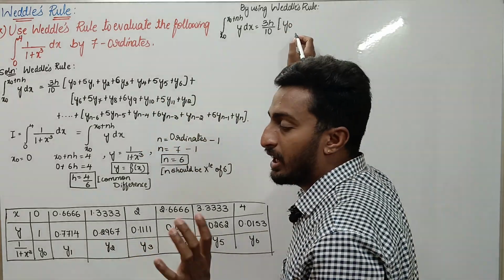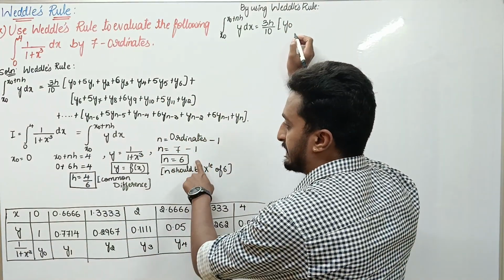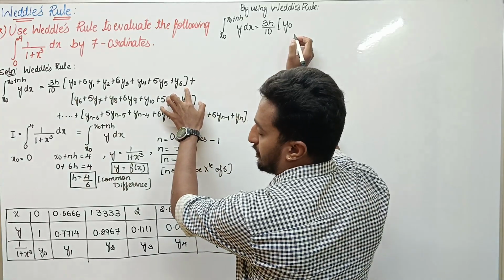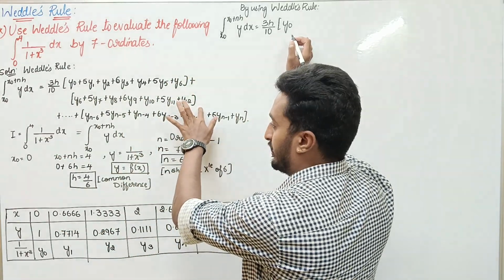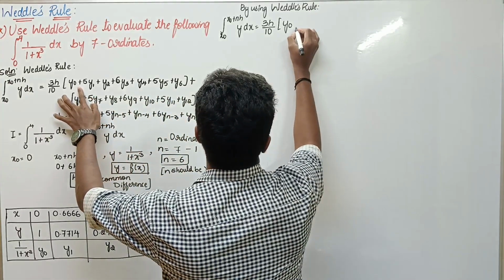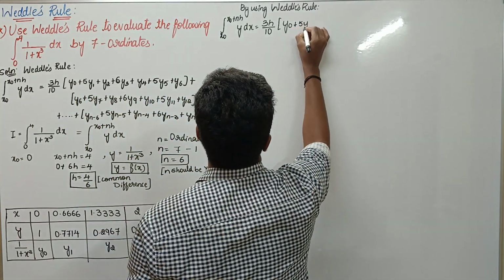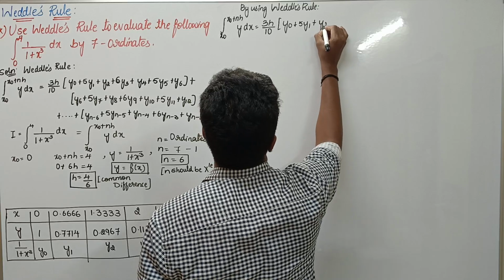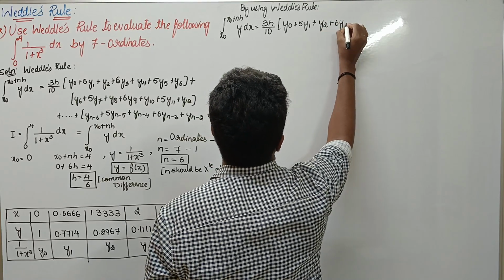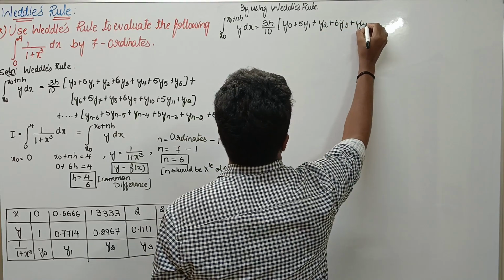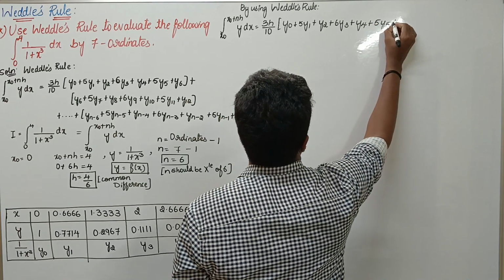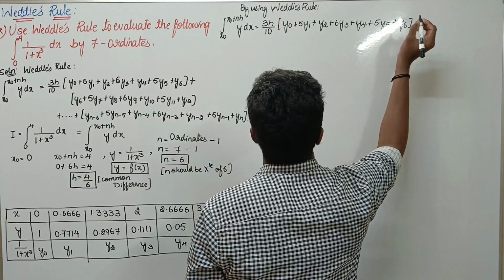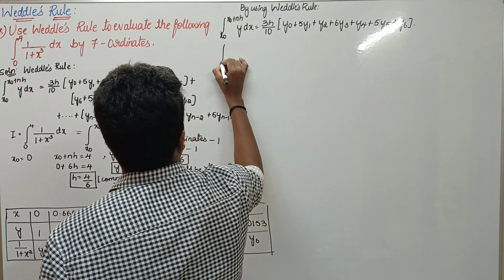Since the value of n interval is 6, I need to consider till here itself. If they have given 12 intervals, I am supposed to consider till there. Now y0 plus 5 into y1 plus y2 plus 6 into y3 plus y4 plus 5 into y5 plus y6.